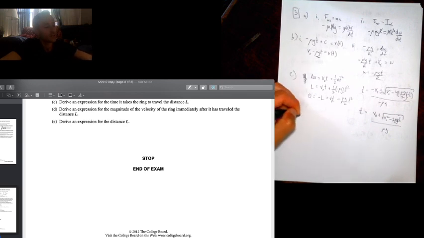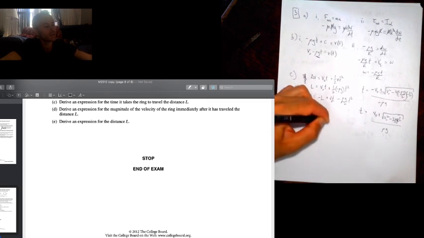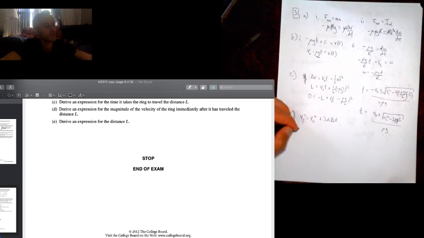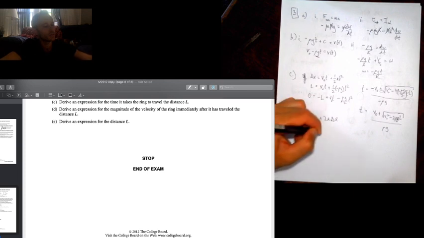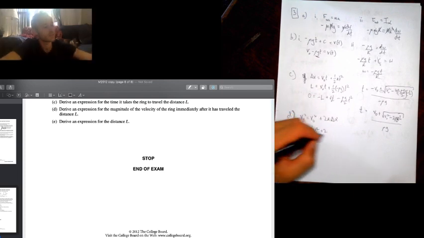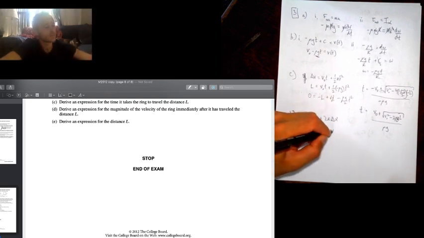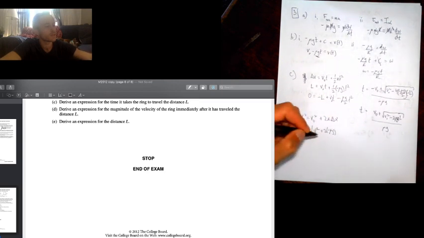V final squared equals V initial squared plus 2a delta x. So that says that V final equals the square root of V naught squared plus 2 times the acceleration times the delta x.